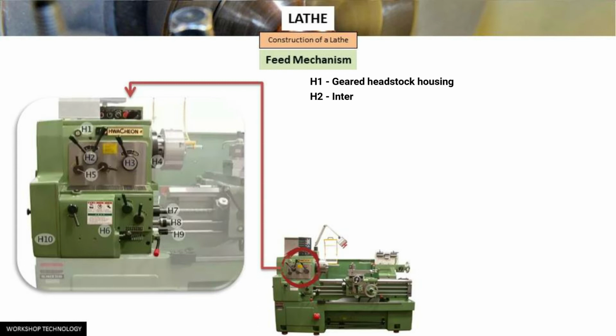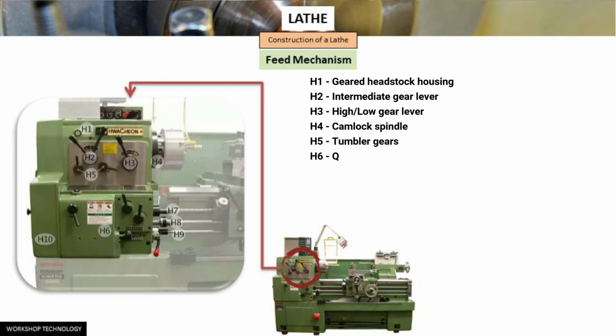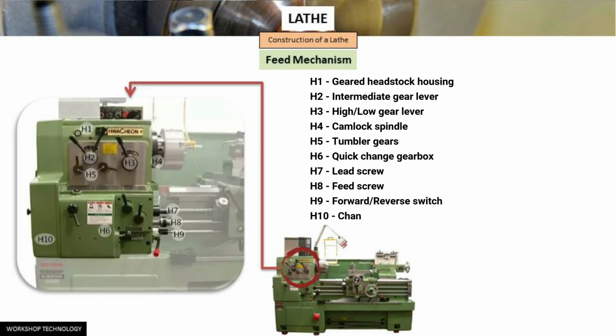H1 here is the geared headstock housing. H2 is the intermediate gear lever. H3 is the high-low gear lever. H4 is a camlock spindle. H5 is a tumbler gear, which is used for forward and reverse and for engaging and disengaging.